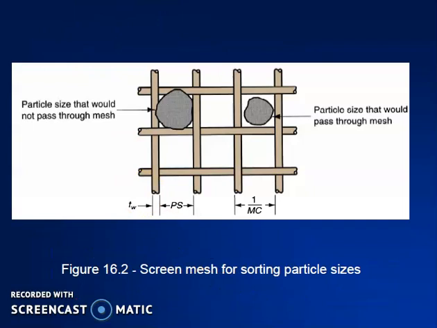Now this figure indicates the mesh size and the mesh opening for sorting the powder particles. Here we observe a square mesh, and some particles are passing through that square mesh, whereas some are not passing through.